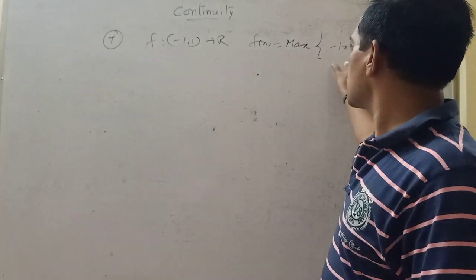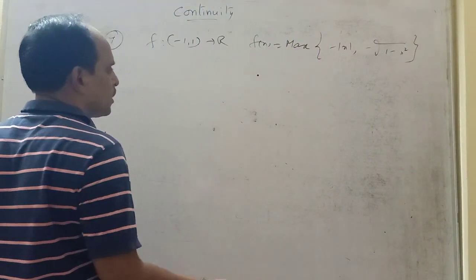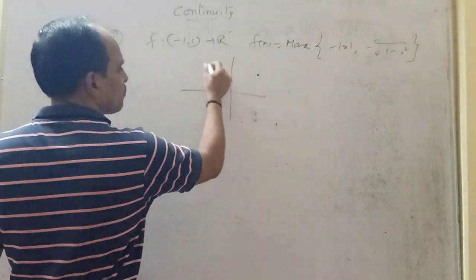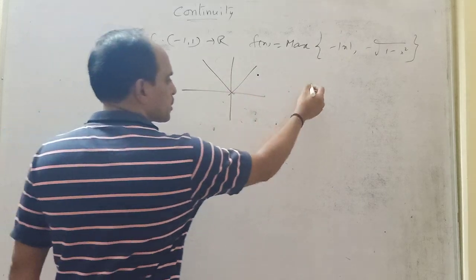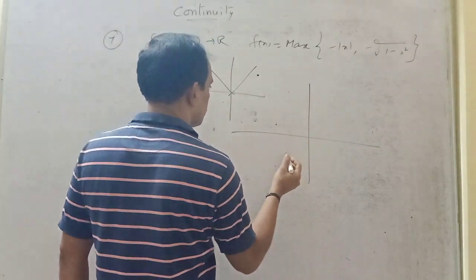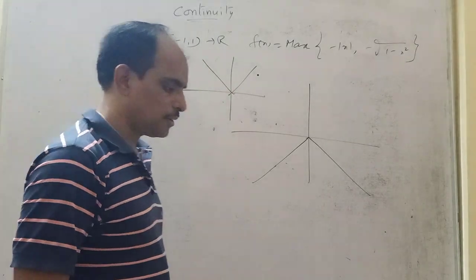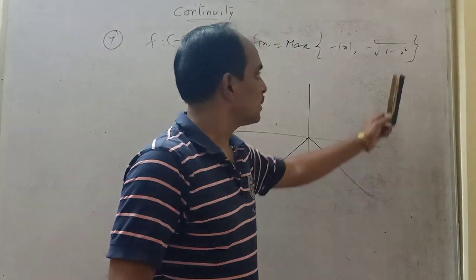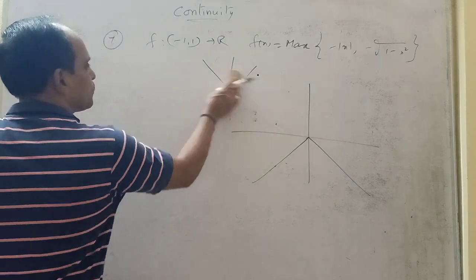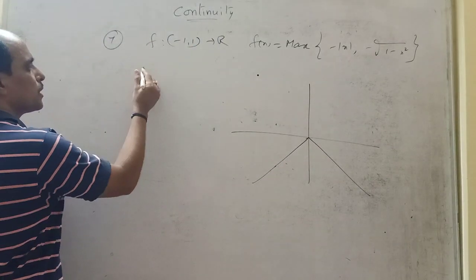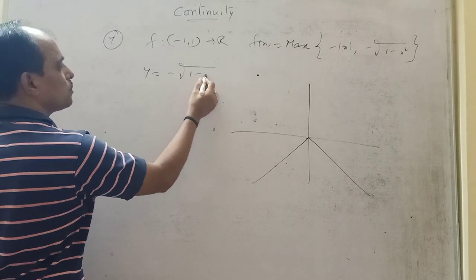You see, the maximum of minus mod x. Actually, mod x means the graph will be like this, but it is minus mod x. Now the graph will be like this. This is the minus mod x graph. Okay. Now what about the graph of this one? You see, I will explain it to you. Let us take this equal to y. y is equal to this one.